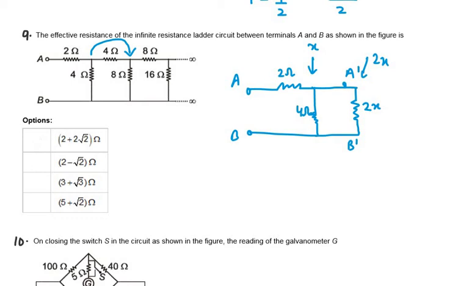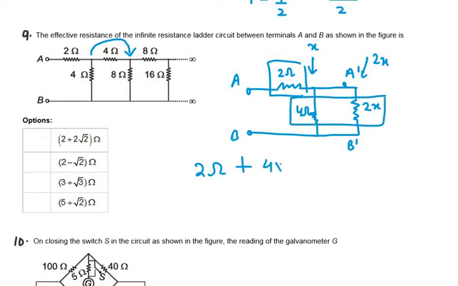So in this case, what we need to do is, the first one we have is 2 ohm plus 4 ohm plus 2x. They are in parallel. So it can be written as 4 into 2x over 4 plus 2x equals x. Why? Because the effective resistance between A and B is x.